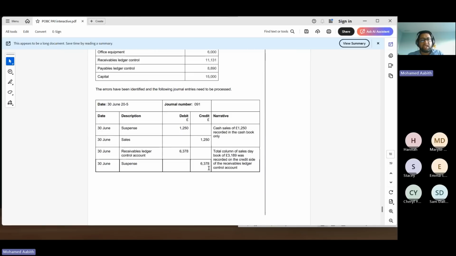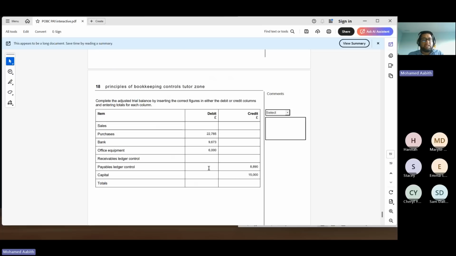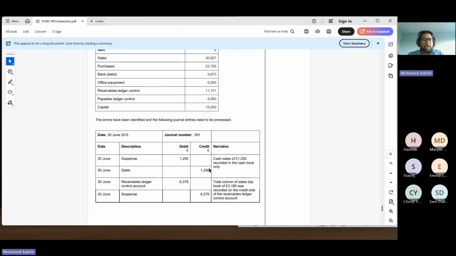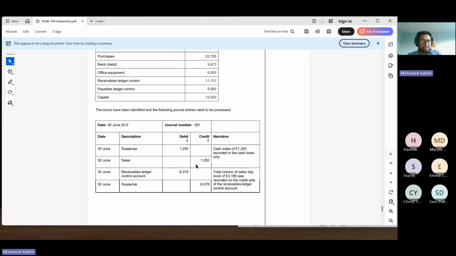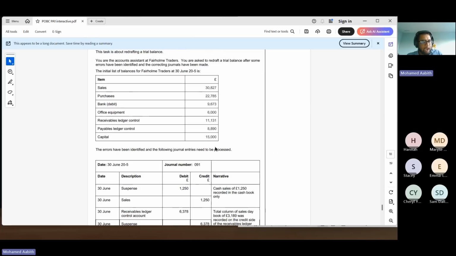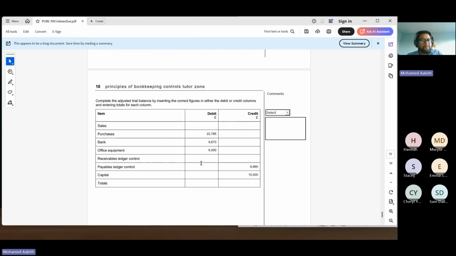So if I look at task 8, what they're asking you to do is update the trial balance to get those numbers there. These two suspense account balances do not matter to me. All that matters is how you're going to update these two figures into these accounts, and then we redraft those numbers to get that balance here.